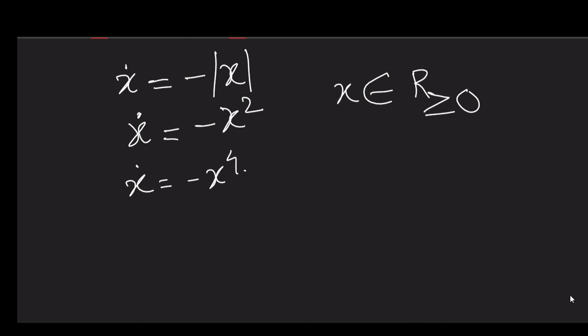However, for all these systems, if you are in this region, then you will see that these systems are totally exhibiting a tendency to move away from that origin. So this type of system, we can say it's a semi-stable equilibrium.